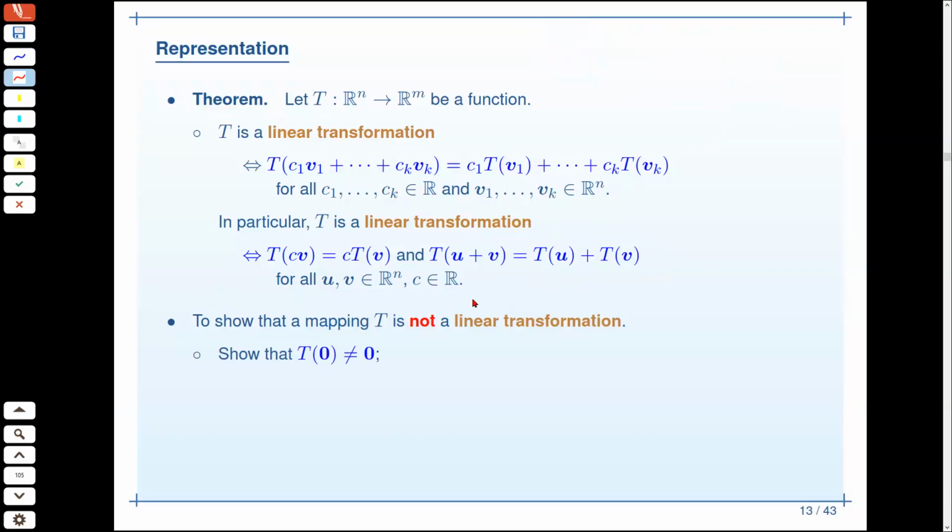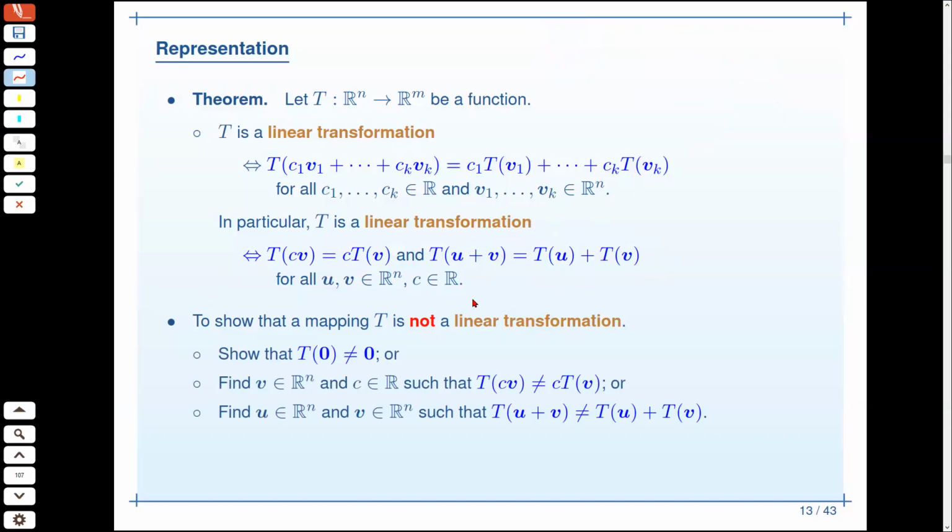So to show that T will not send 0 to 0, or you can find a pair of vector and constant so that T(CV) is not the same as C times T(V), or you can find two vectors U and V so that T applied to the sum U plus V is not the same as T(U) plus T(V). As long as any one of the conditions is not fulfilled, then this T is not a linear transformation.